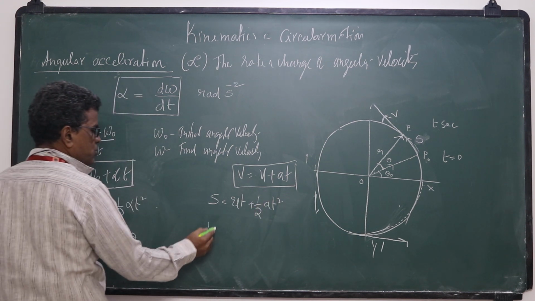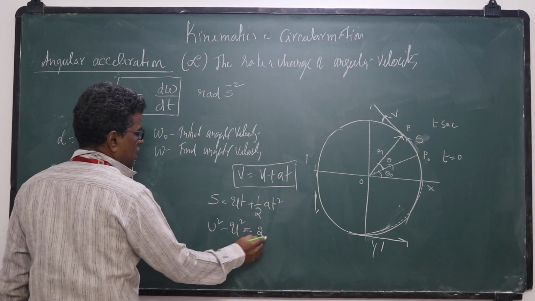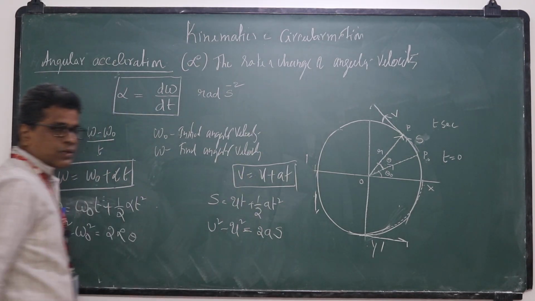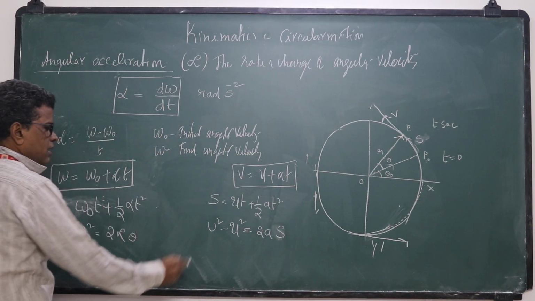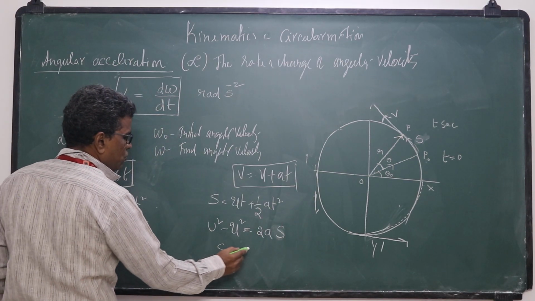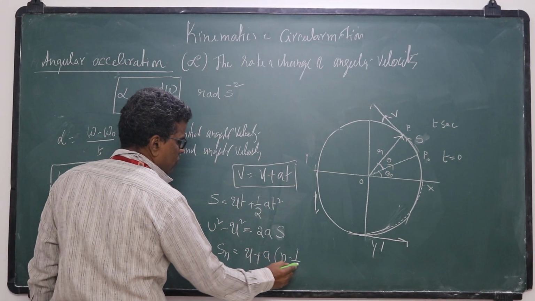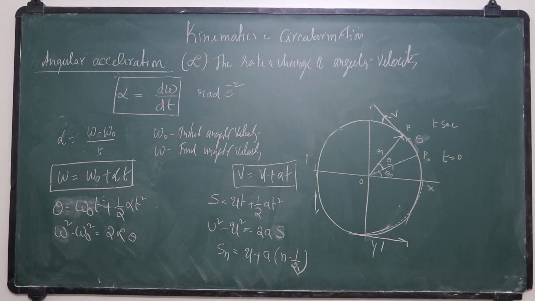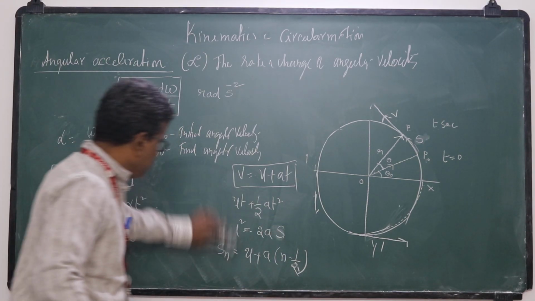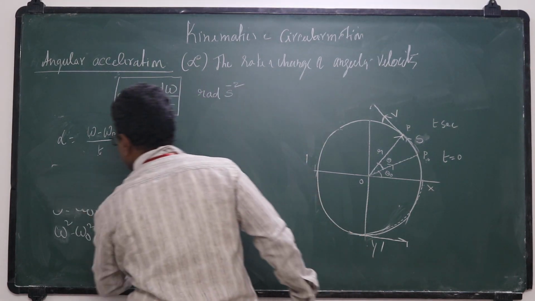The third equation of motion is v square minus u square is equal to 2as. By using similar equations, we can write Sn is equal to u plus a into n minus half, the distance travelled in the nth second. I will write these equations once again because these are important equations.